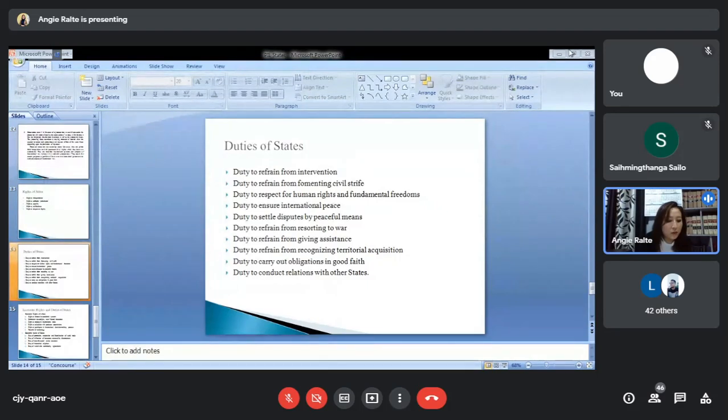Duty to refrain from fomenting civil strife. It says that every state has the duty to refrain from fomenting civil strife in the territory of another state, and to prevent the organization within its territory of activities calculated to foment such civil strife.